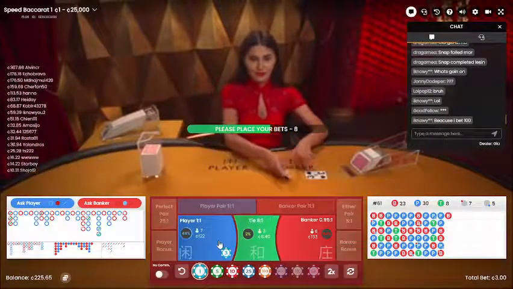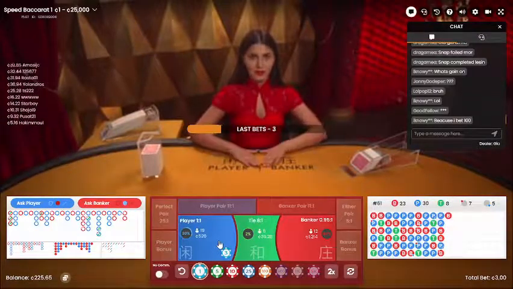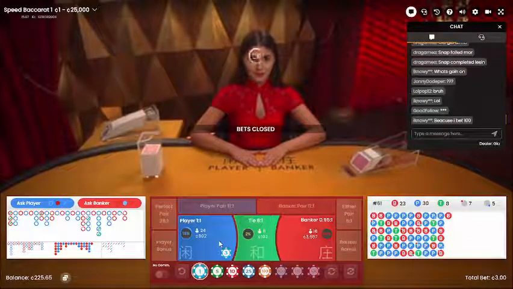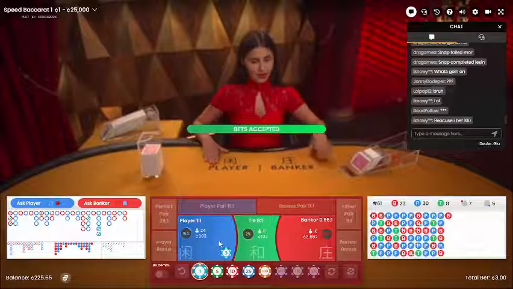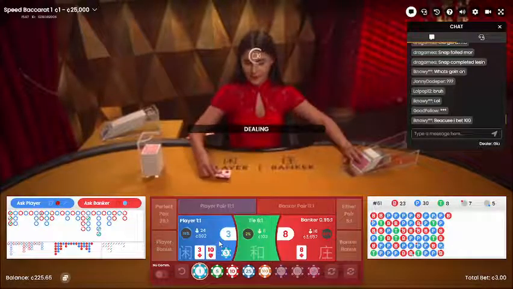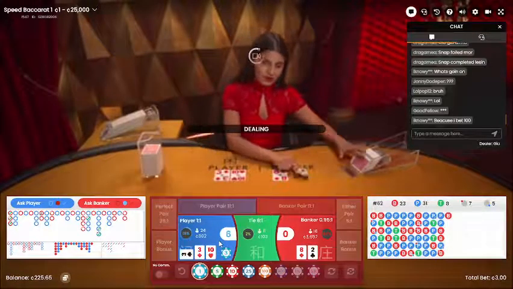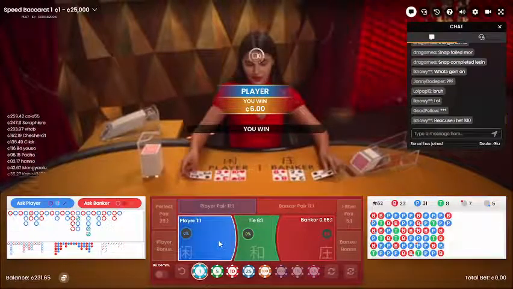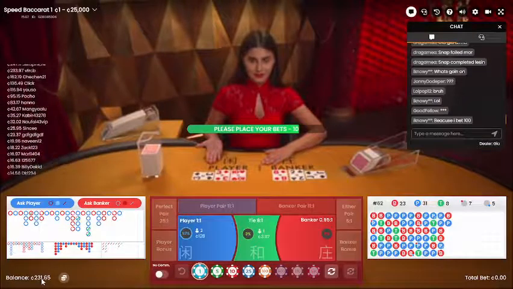That's 3 units. Okay, so we won on our second bet, and so we are very close to the target.